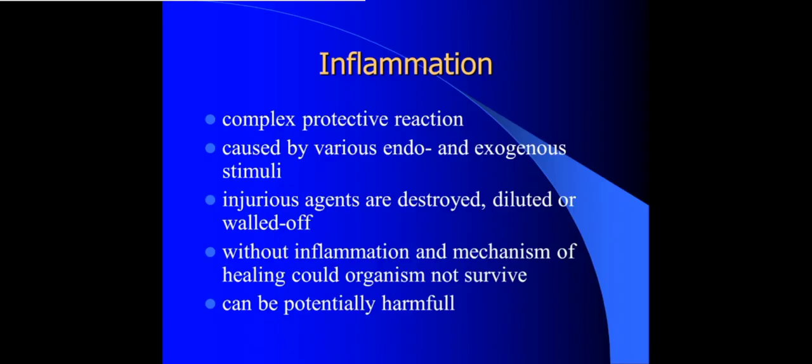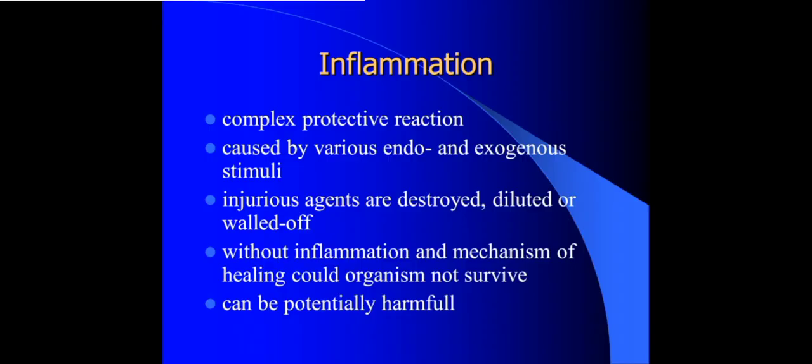When some injury occurs in our body, or when some insect bites, or when an iron rod injures our body, then redness and heat are produced at that point where the injury occurs. That is known as inflammation.